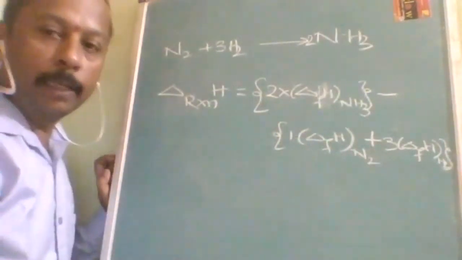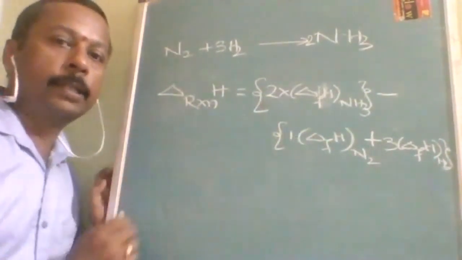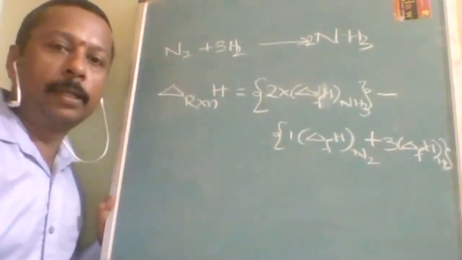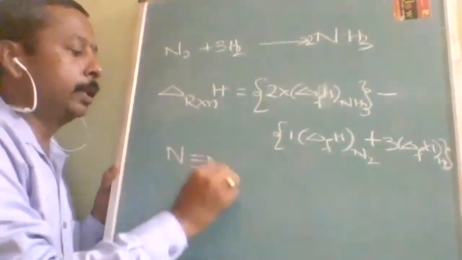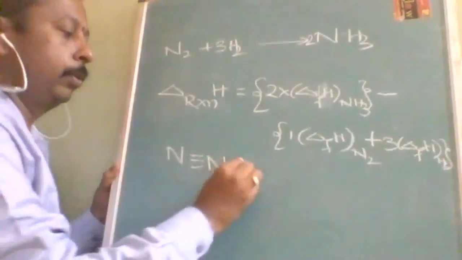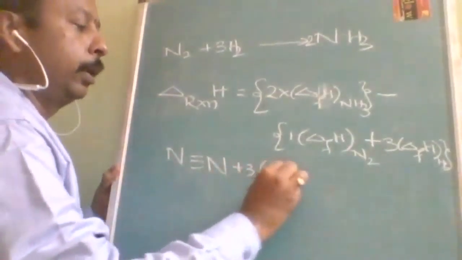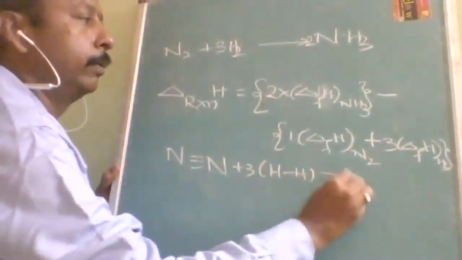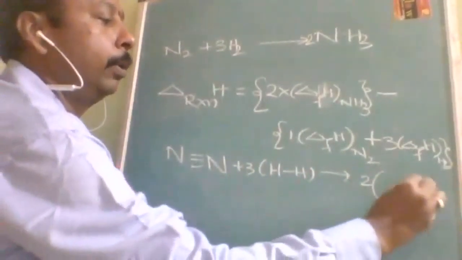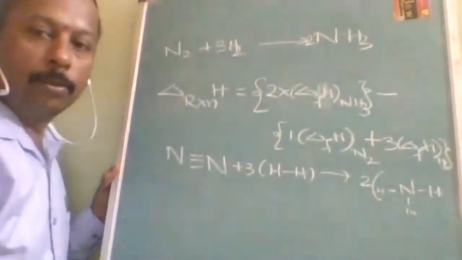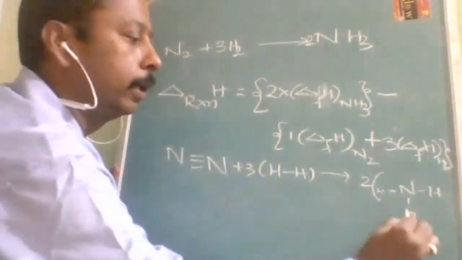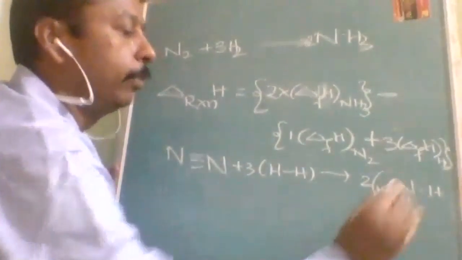But for the same question, same reaction, if they give it through the bonds, then what will you do? You will write the bonds clearly: N triple bond N plus 3 into H single bond H gives 2 into N single bond H. So now you need to write it in bond form.